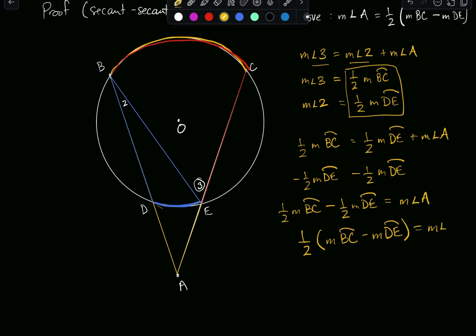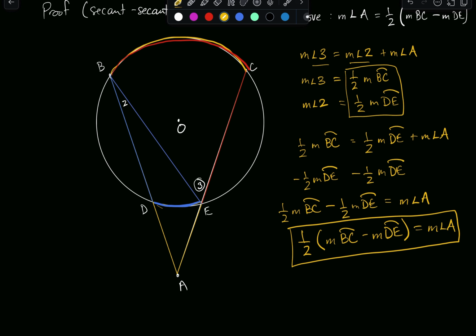The measure of angle A is equal to 1/2 of the difference of the two intercepted arcs. Now, I'm not going to prove the tangent-tangent or the secant-tangent versions of this because those proofs look fairly similar to the other proofs that we've already done, and I think you've been watching this video long enough.